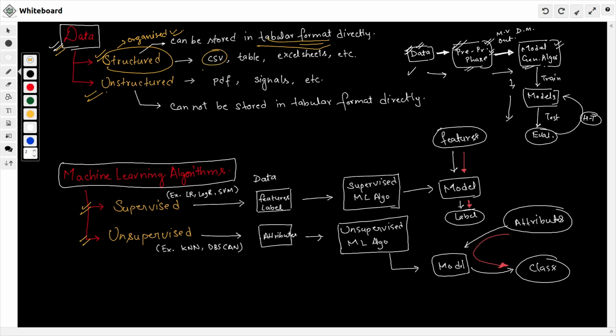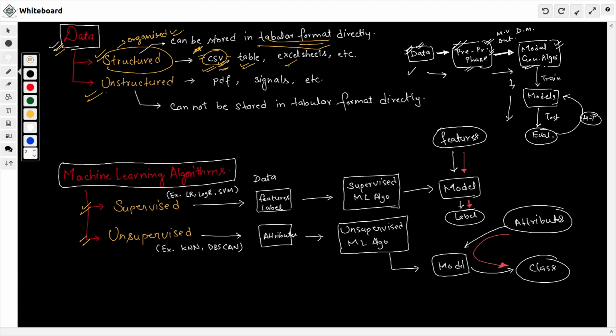Let's say you have CSV files, and as you know, if you have experience using pandas, then you already know that you can store CSV files in some data frame, and then you can see that particular CSV file in the form of data, in the form of a table, right? So the CSV is a very good example of structured data.